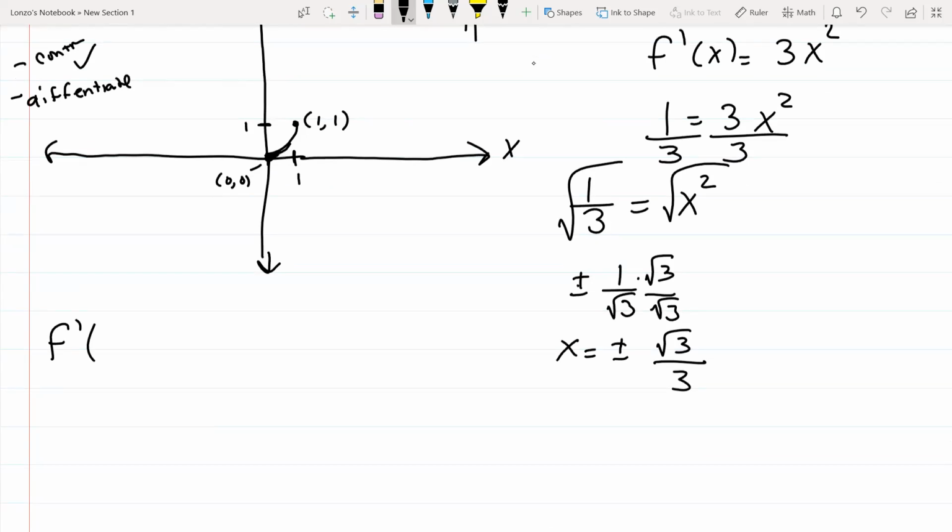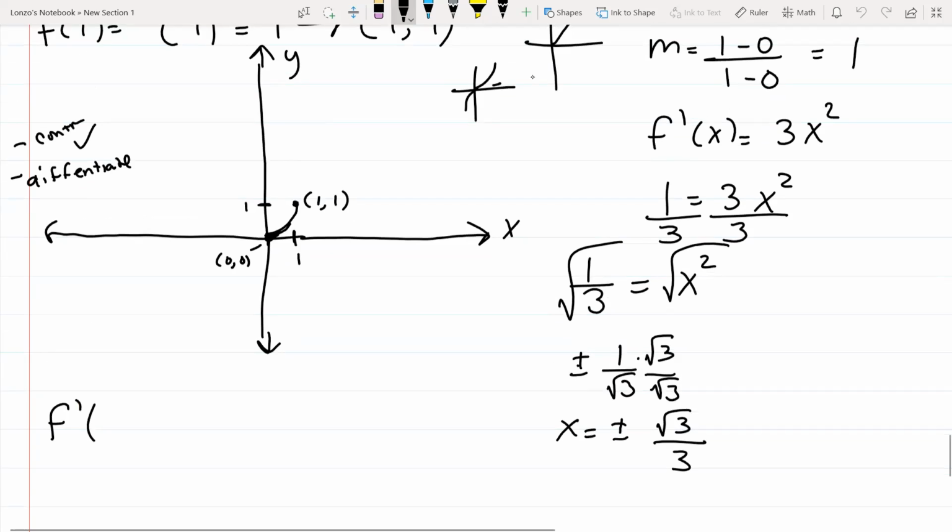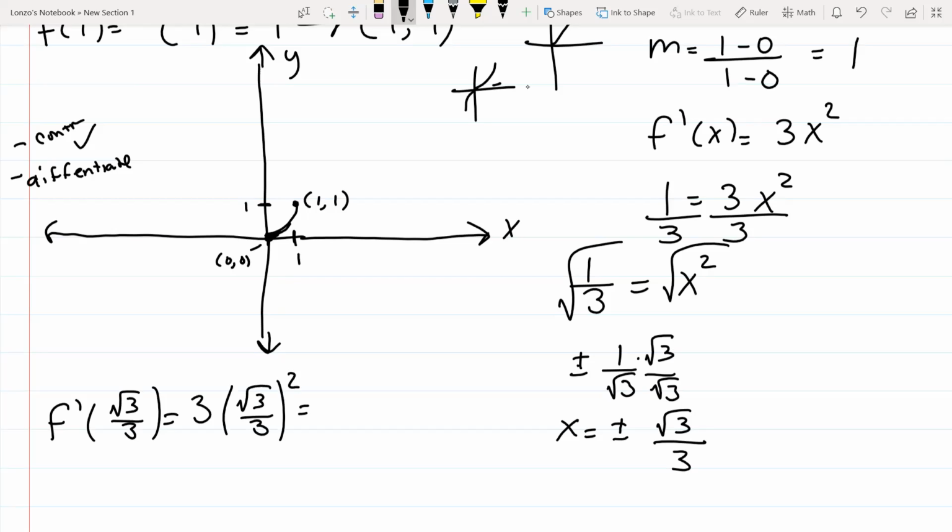So this would be 1 over radical 3. Yes, this is 1. Okay. Let's try the positive one. So radical 3 over 3 gives 3 times radical 3 over 3 squared. So that's 3, and then radical 3 squared is 3, and then 3 squared is 9.